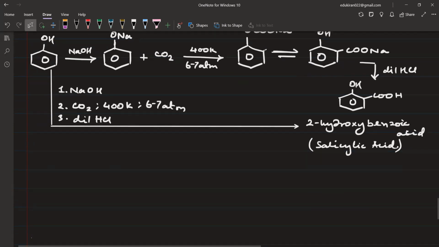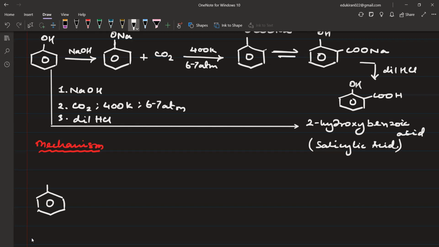Now let us look at the mechanism here. We'll start directly with phenoxide ion. So I have ONa, and then I'm reacting with carbon dioxide. Carbon dioxide is very electron poor.